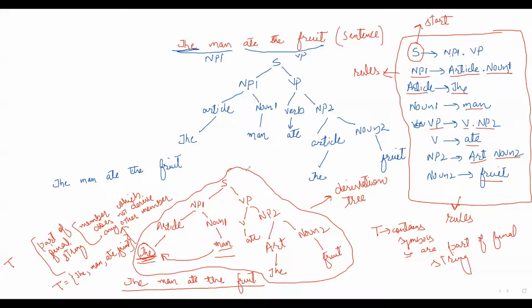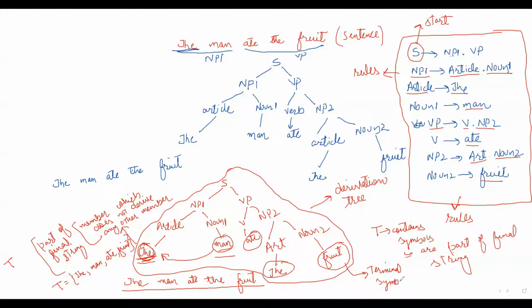In the grammar there are two types of symbols. One is the final symbol, which is part of the sentence. Those symbols from which we cannot derive new symbols are called terminal symbols.